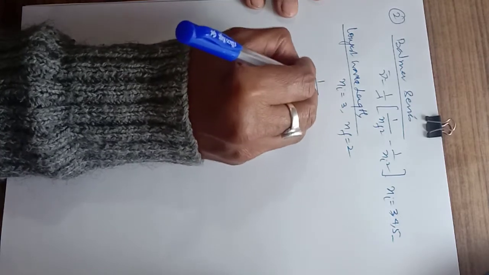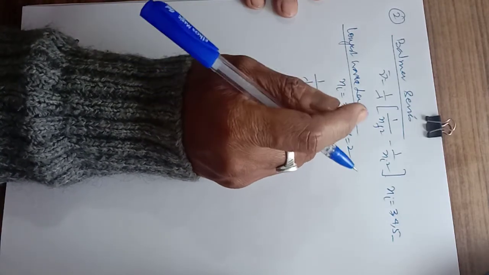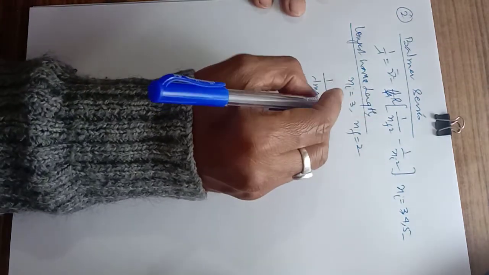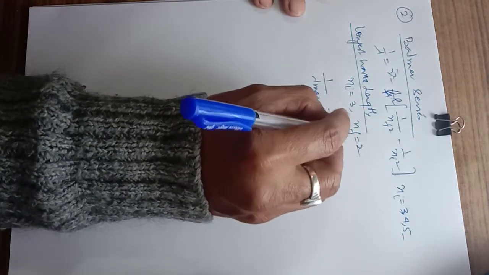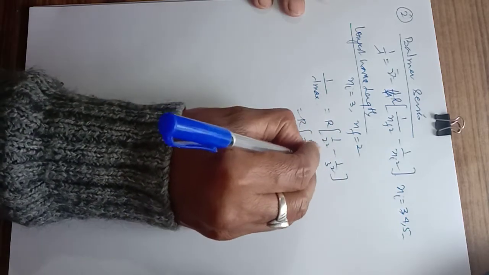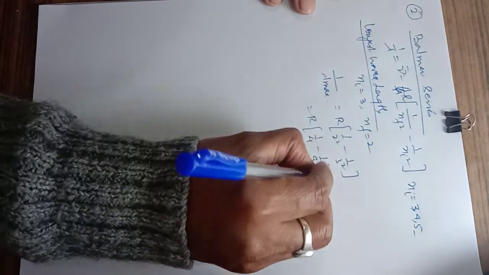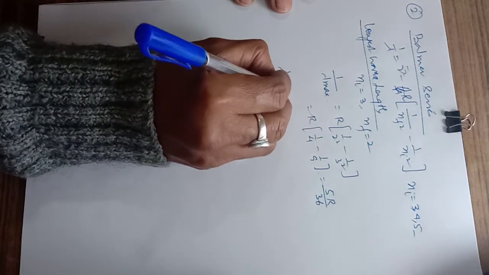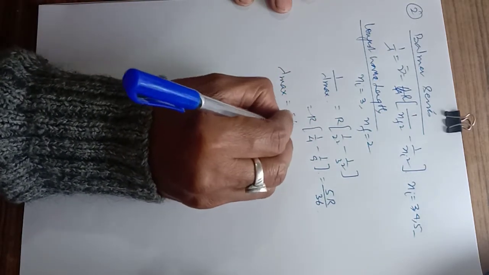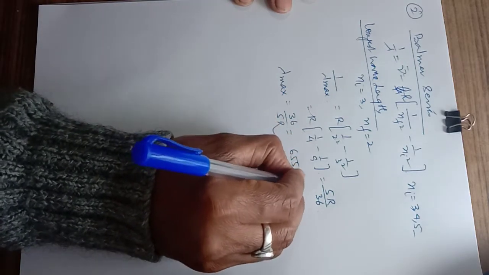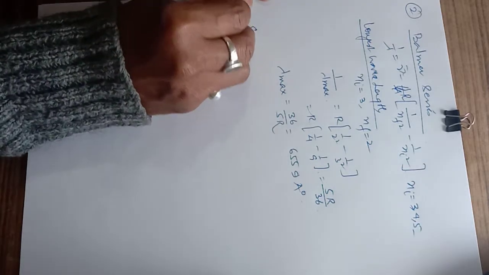So 1/λ maximum is equal to R(1/2² − 1/3²), that is R(1/4 − 1/9), which equals 5R/36. The λ maximum will be 36/5R. After putting the values, this becomes 6559 angstrom.